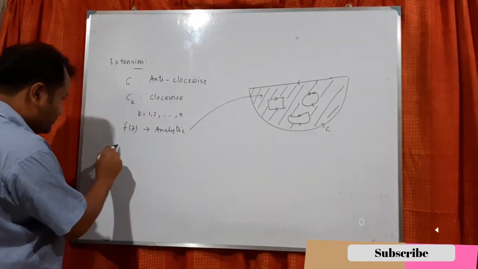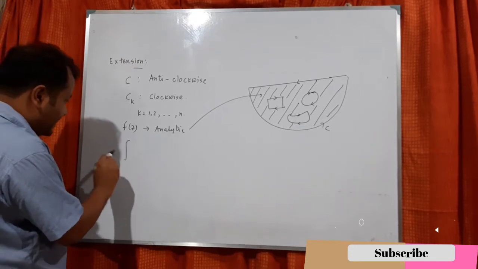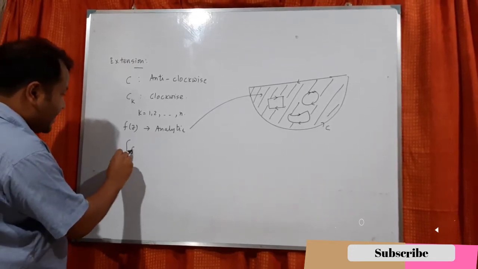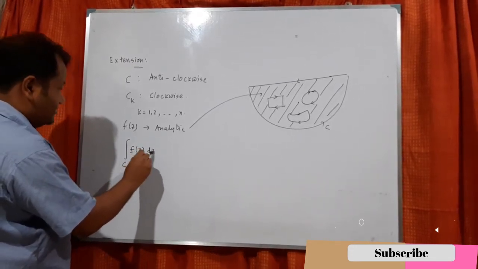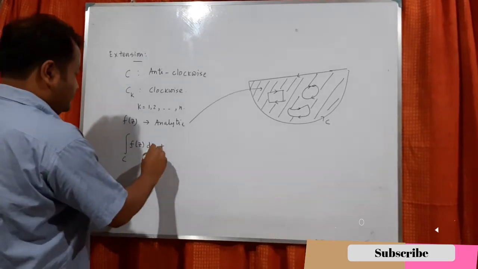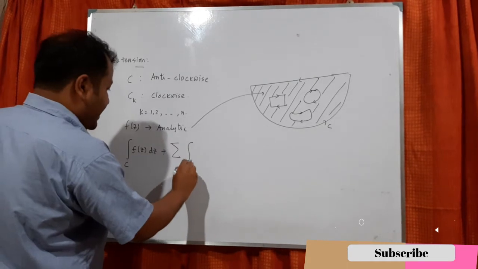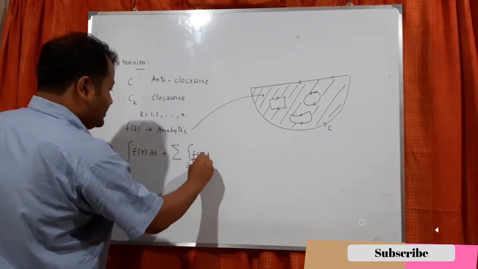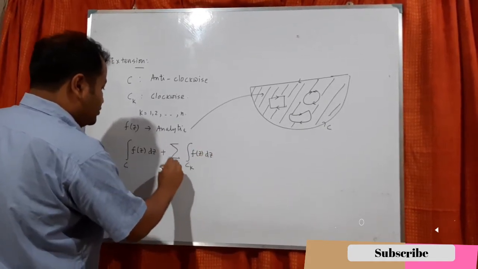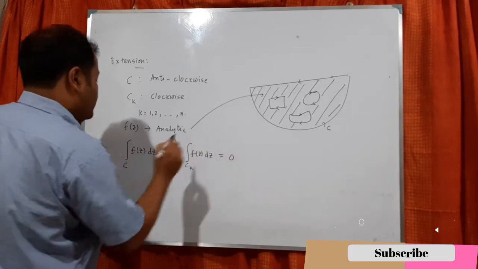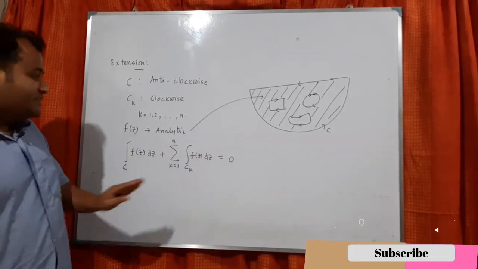Then the extension says that the integral over C of f(z) dz plus the summation of the integrals over C_k of f(z) dz, k equals 1 to n, equals 0. What does that mean?